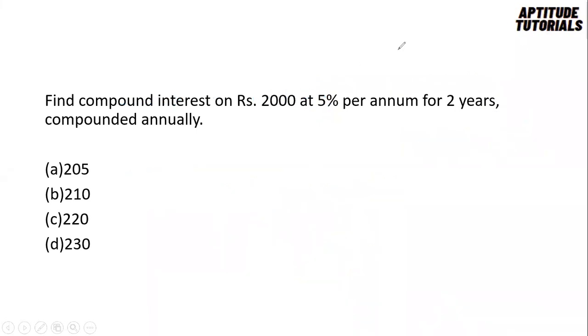Here is the question. Find the compound interest on rupees 2000 at 5% per annum for 2 years compounded annually. So I'm talking about percentages method and the normal formula method also, right? So formula method, you know the formula for compound interest. Compound interest is equal to P into 1 plus R by 100 whole power N minus 1.